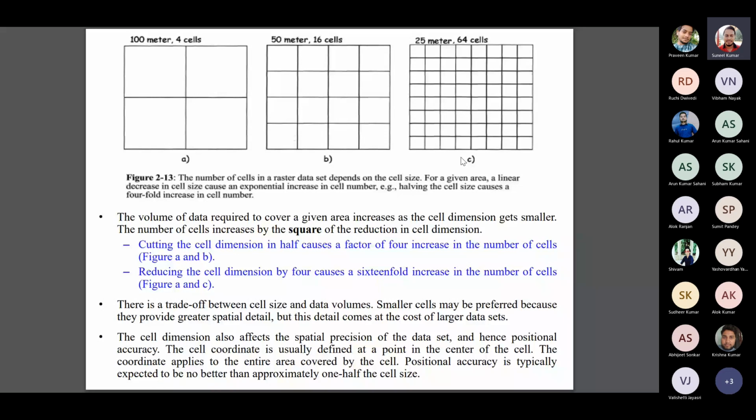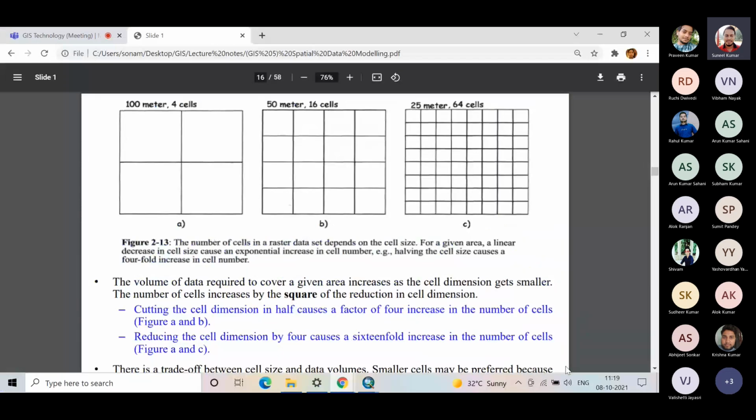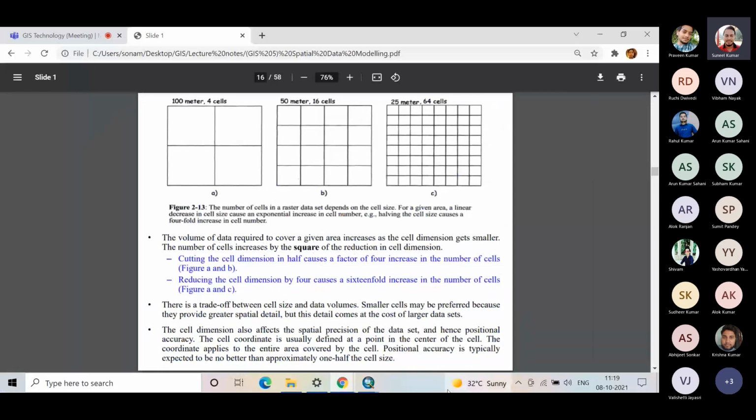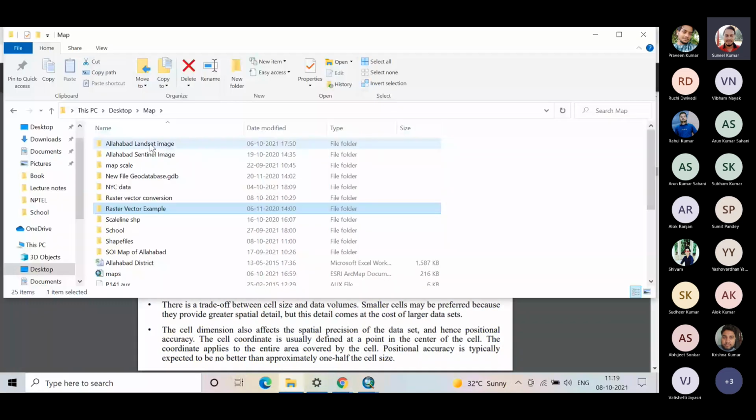But as you decrease the cell dimension, the volume of cells will increase, and the size will increase. If you remember, last time I showed you this example. I have two images, both of Allahabad. One is from the Landsat satellite and another one is from the Sentinel satellite.